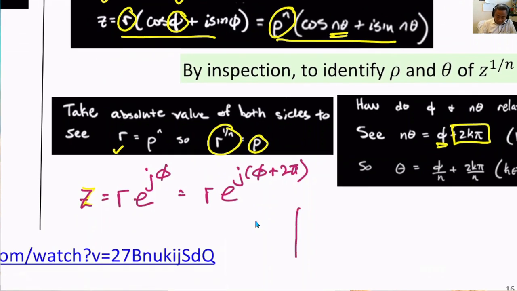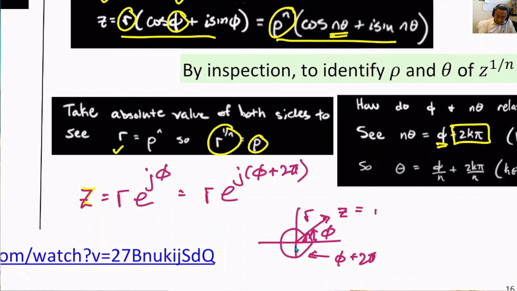If this is r and this is phi, then phi plus 2 pi is here. We just add 2 pi to phi and we get back the same point z.